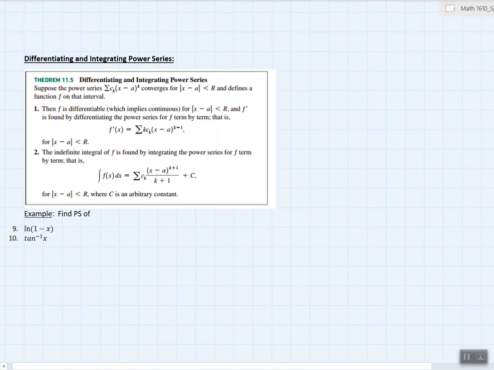Now we go to the application of power series by differentiating and integrating. What this theorem says is that suppose a power series converges for this interval and defines a function f on that interval. That means it converges to f.